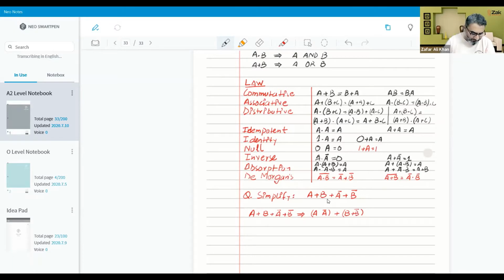What we have done is we have applied the associative law. What is the associative law? (A plus B) plus C is equal to A plus (B plus C). So this is A plus A naught plus B plus B naught, by the associative law.